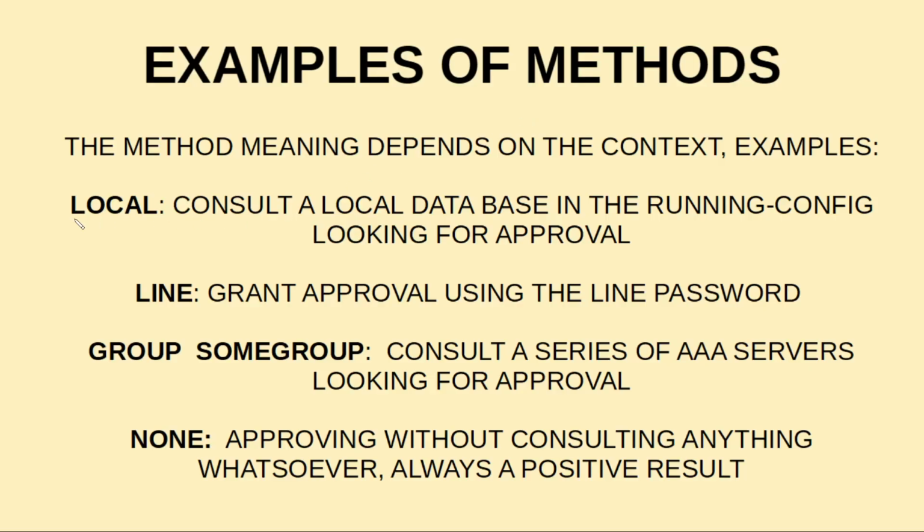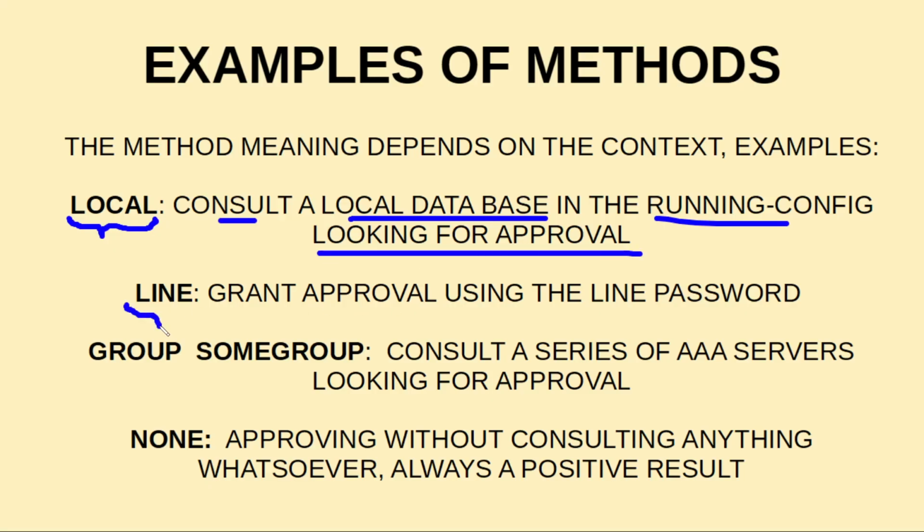For instance, most of the time when we see the local method, this means that we are going to consult a local database in the running config looking for approval for this feature. If we see the line method, this means that we are going to grant approval based on the line password.